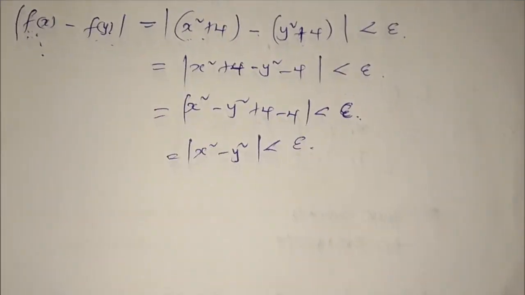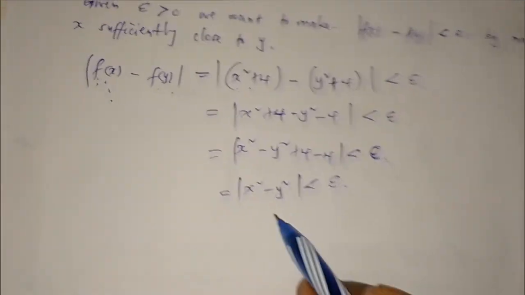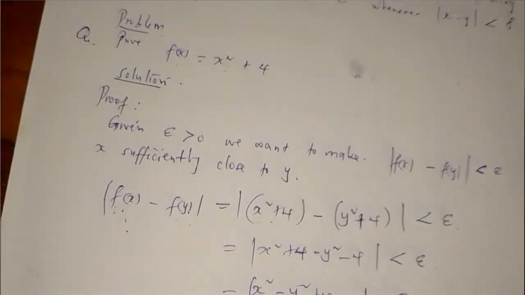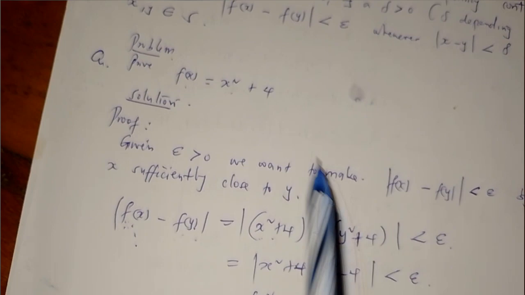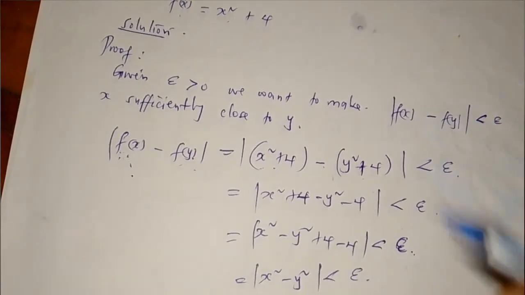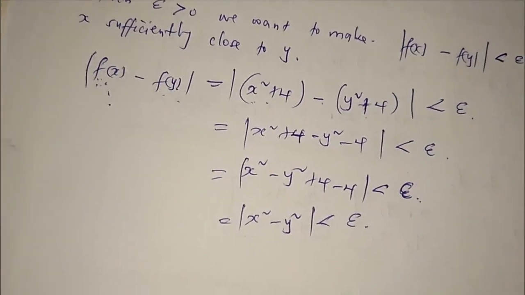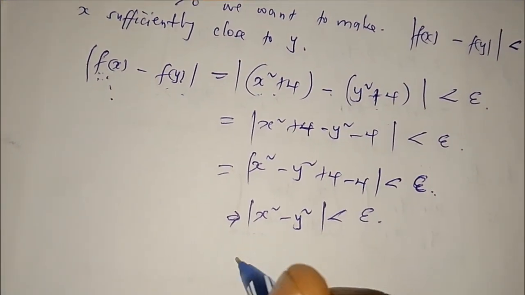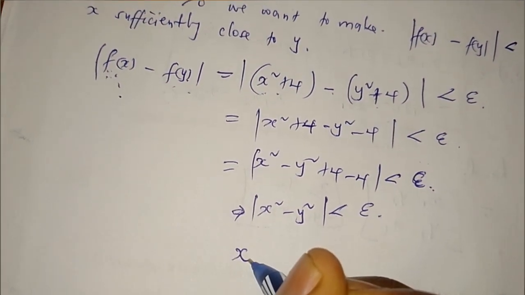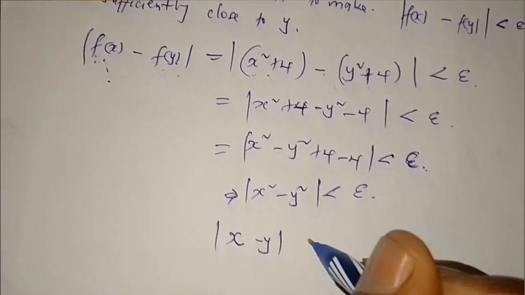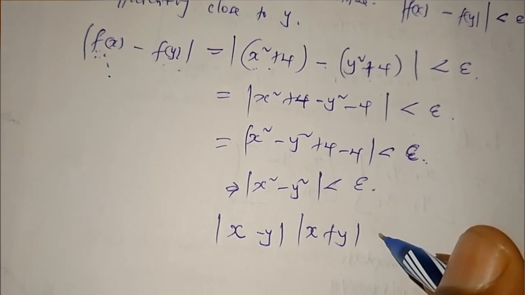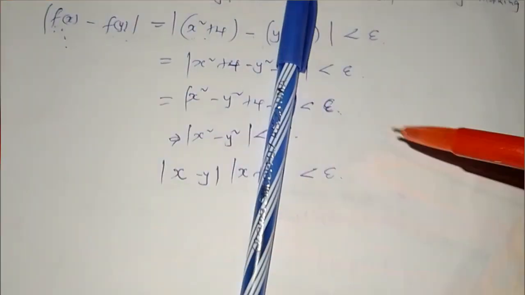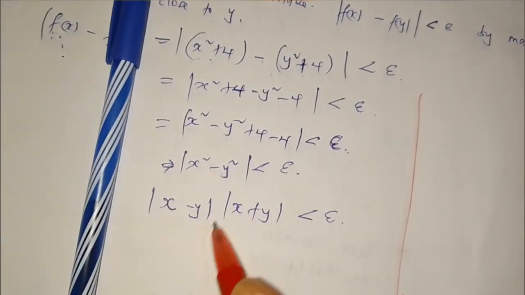After that, we factor this out. Remember, we have to express the left hand side in the form x minus y. So we have (x minus y)(x plus y) less than epsilon. This is the same as x squared minus y squared.